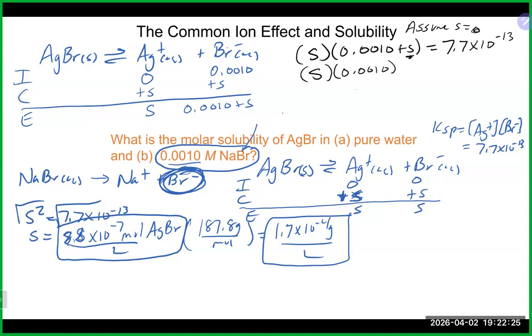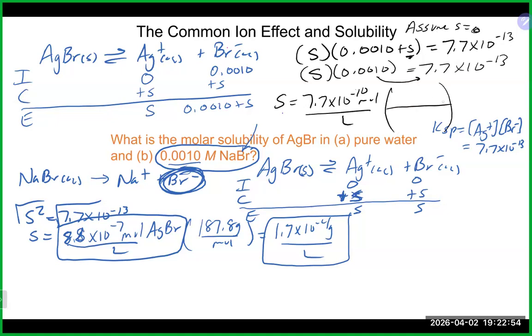And we're obviously going to get rid of just this S right here, which is what we're going to add it to. That's going to give us 7.7 times 10 to the minus 13. We're going to divide this to the other side, and we will end up with 7.7 times 10 to the minus 13 divided by 0.001. That is going to give us a molar solubility of 7.7 times 10 to the minus 10 moles per liter for silver bromide in this situation.